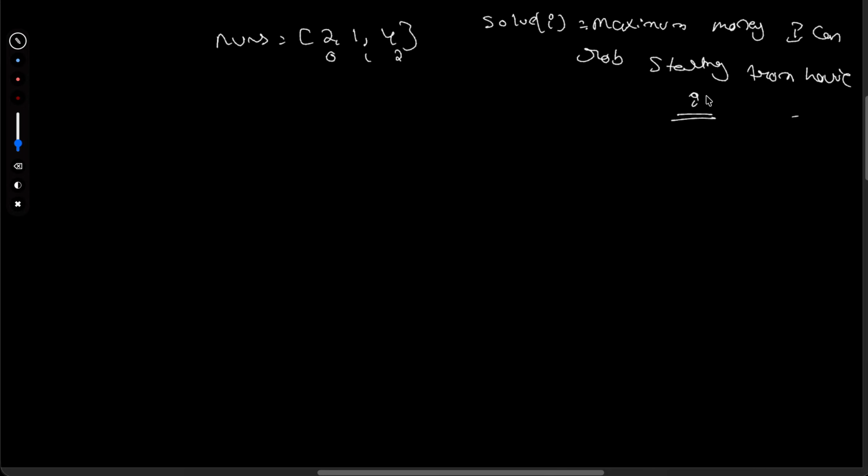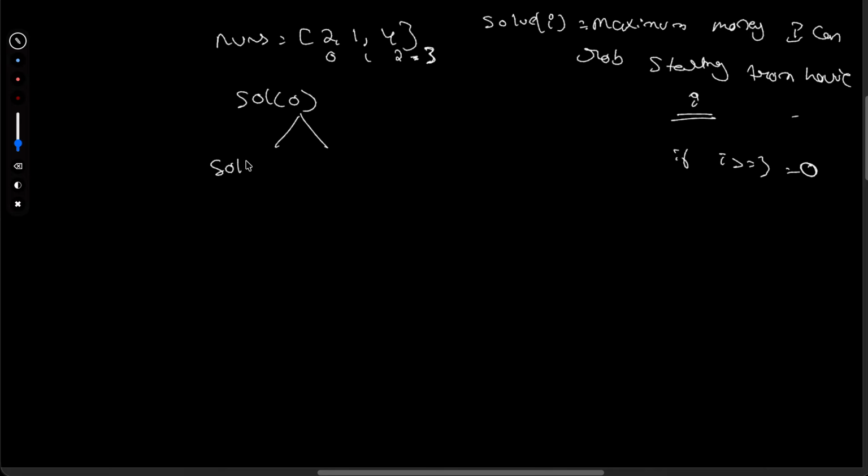For the base case, if i is greater than or equal to 3, return 0.